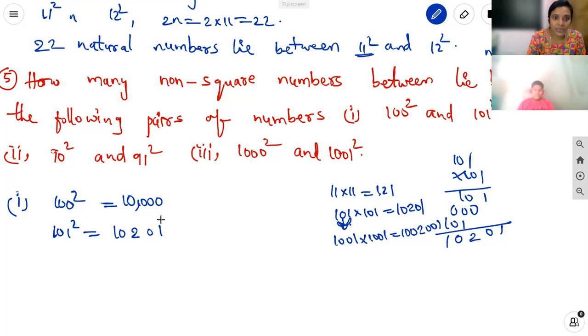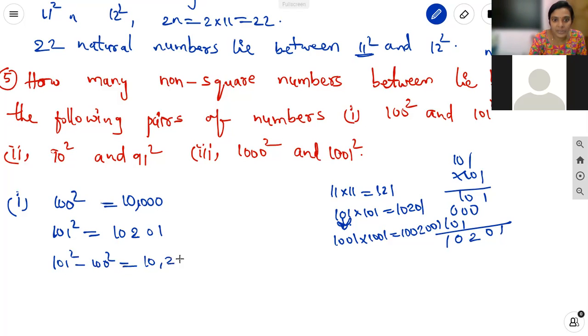Here, how many? The difference, 101 square minus 100 square equal to 10,201 minus 10,000 is equal to 201, but non-square numbers are 200 only. Why?